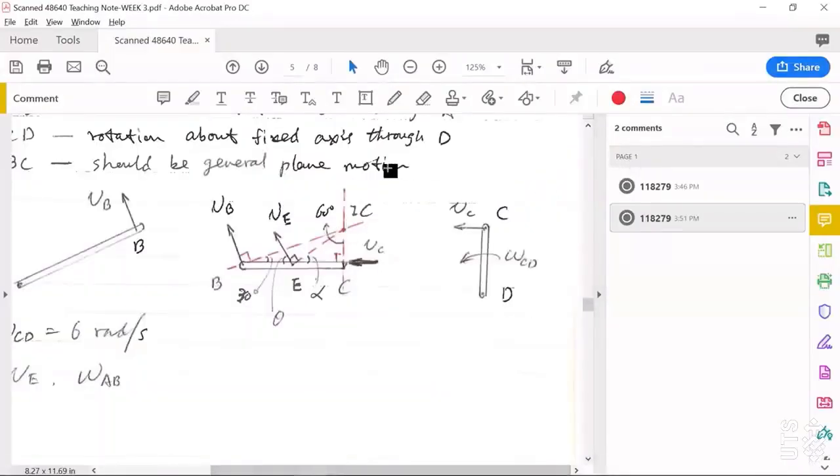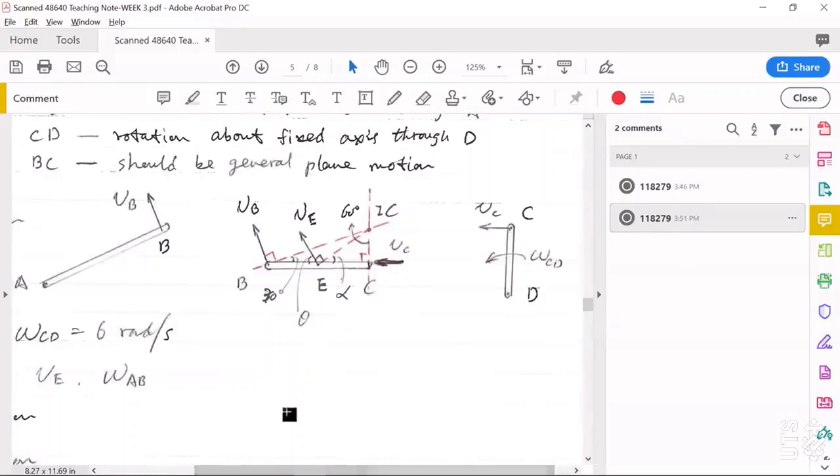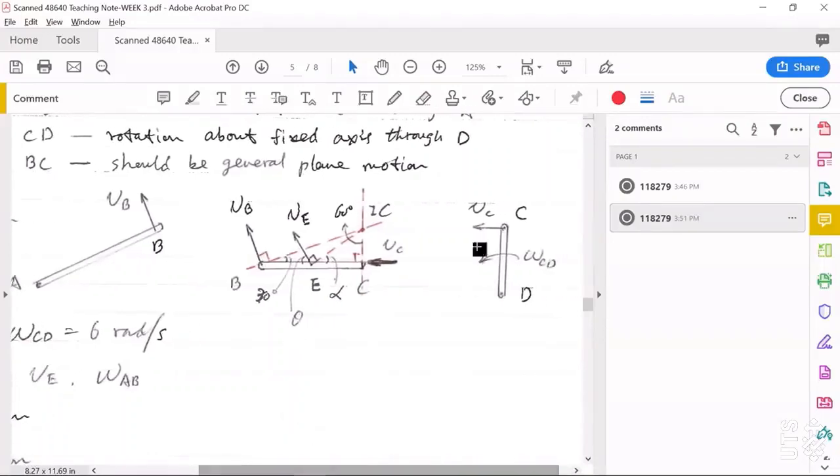Okay, we can have a kinematics diagram for each of these three bodies. For CD, it's undergoing rotation about a fixed axis through point D. So because at this moment CD is vertical, VC must be horizontal, and because omega CD is counterclockwise, VC points to the left side.